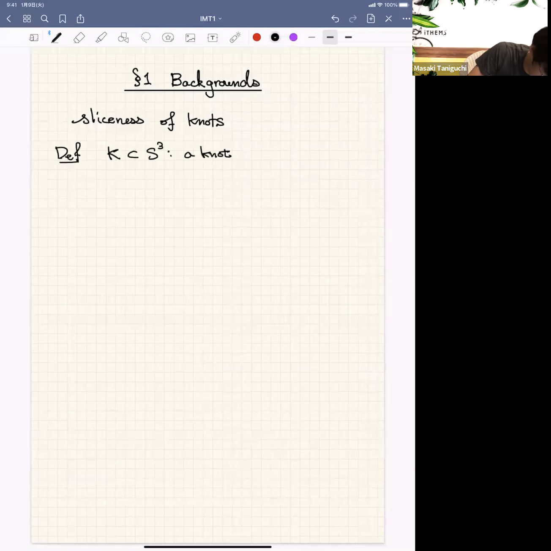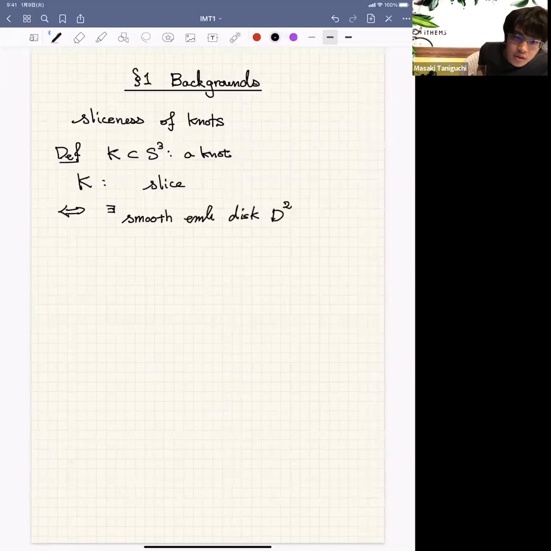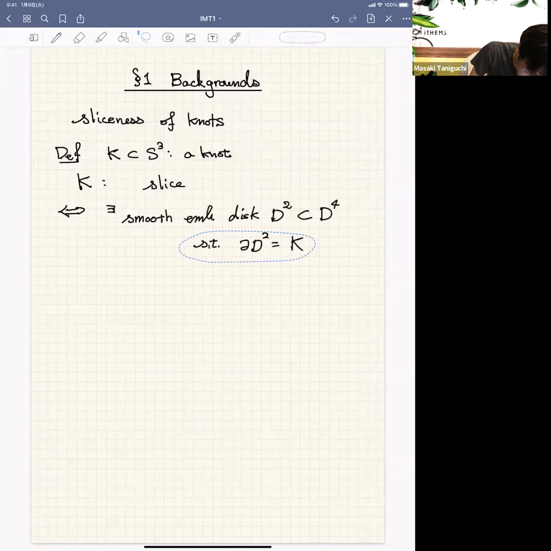It is slice if there exists a smooth embedded disk, a two-dimensional embedded disk D2 in D4, such that the boundary of D2 is equal to the given knot K. So this is the definition of slice.